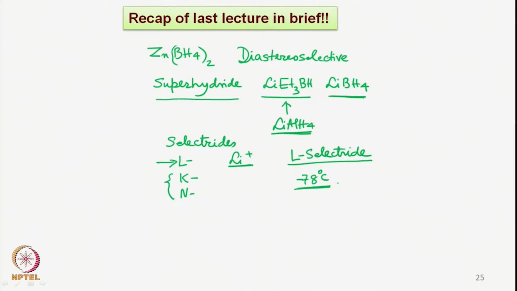They are called selectrides because there is a selective reduction. So these names like superhydride, selectrides etc. have been given based on the reacting nature of such molecules.